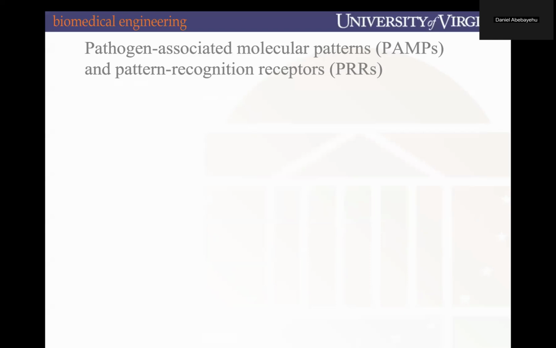What recognizes PAMPs are pattern recognition receptors, or PRRs. So pattern recognition receptors recognize PAMPs. PAMPs are just these features on pathogens that are unique to pathogens. They recognize what is distinct in pathogens from our own biology.